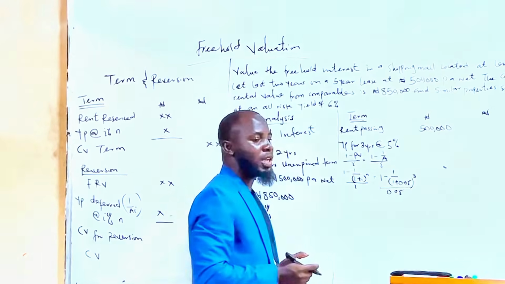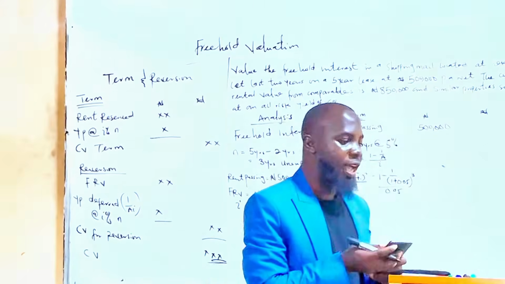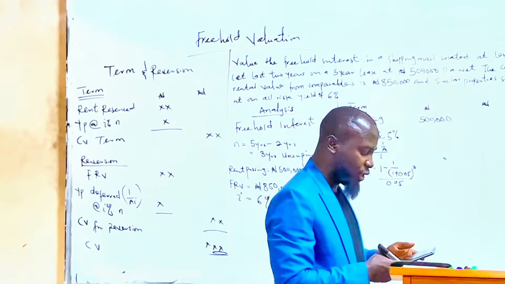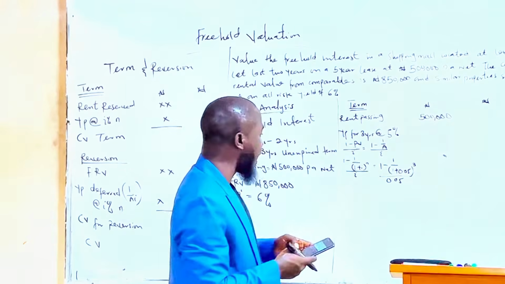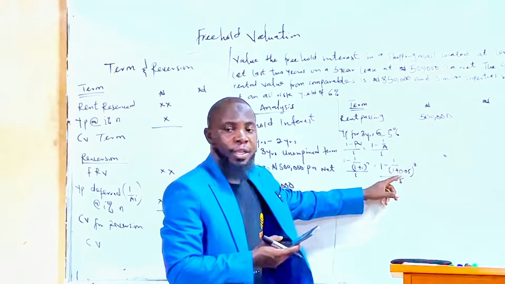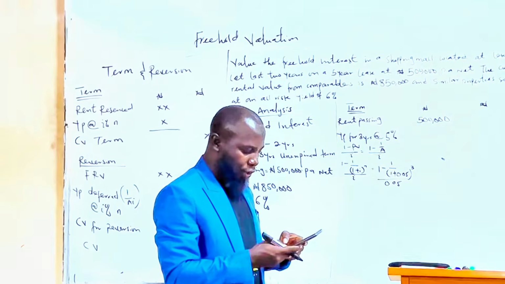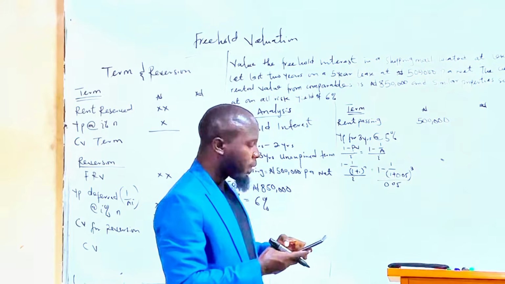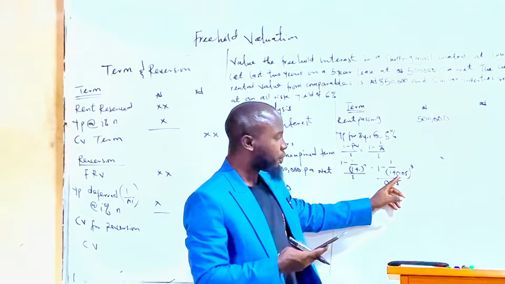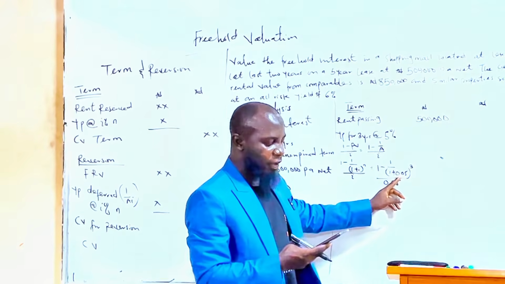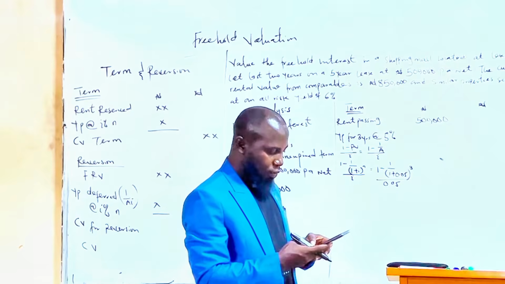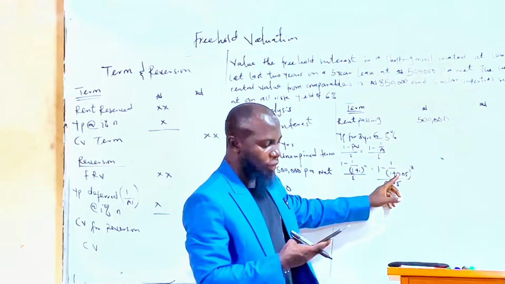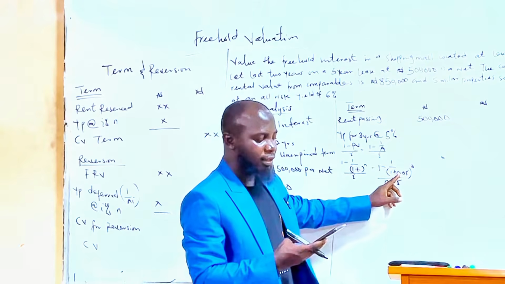If we use our calculator to punch this, we will have a value of 2.7232. Okay, let's start with this. 1 plus 0.05 is 1.05, raised to power 3. This will give you 1.1576. Then 1 divided by this answer, we have 0.8638.